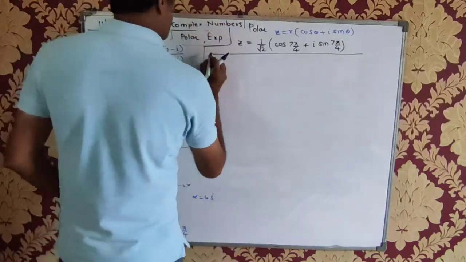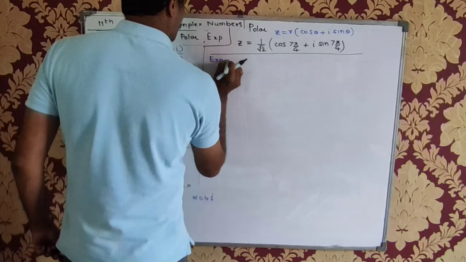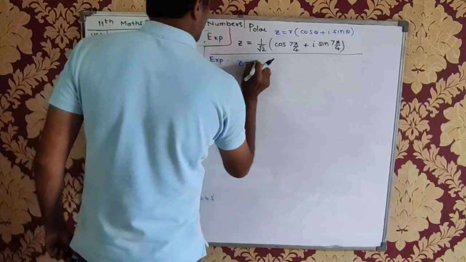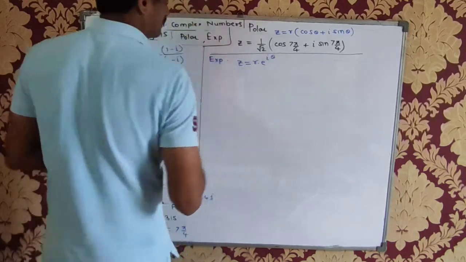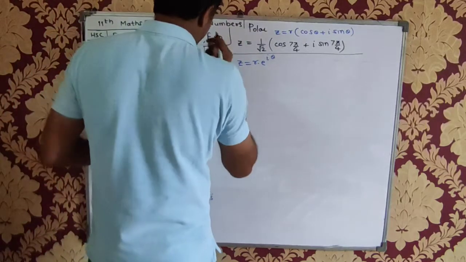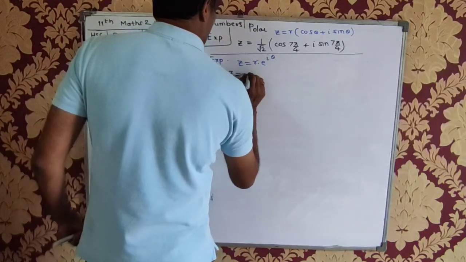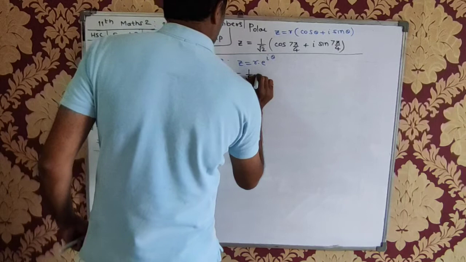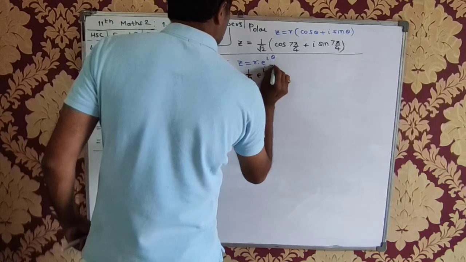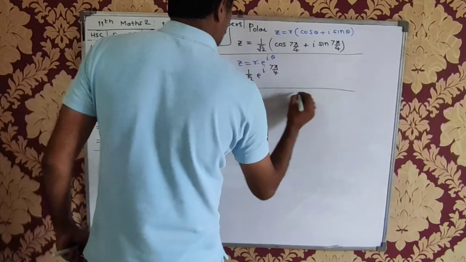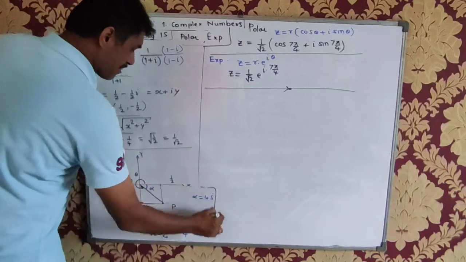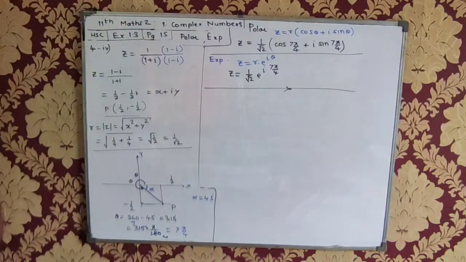What is the exponential form? Z is equal to R into e raised to i theta. That is Z is equal to 1 upon root 2 e raised to i times 7 pi by 4. Is this okay? Any doubts? Next question.